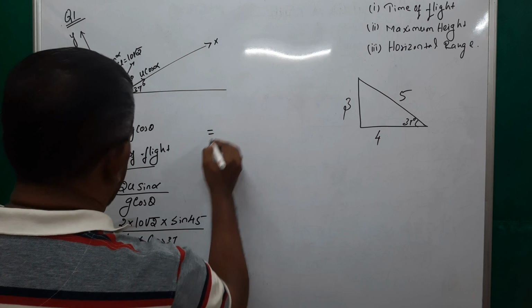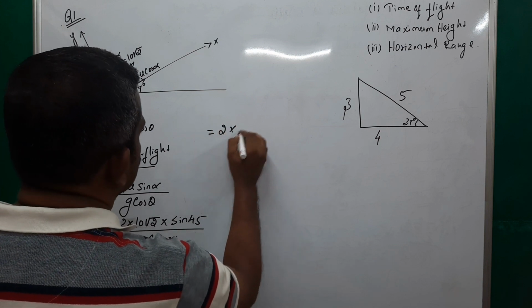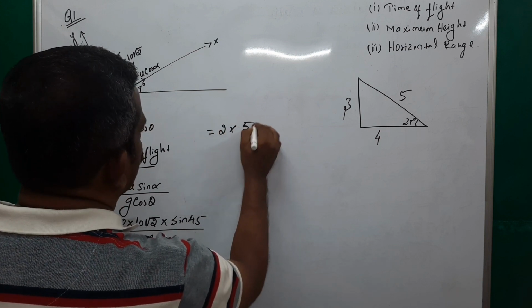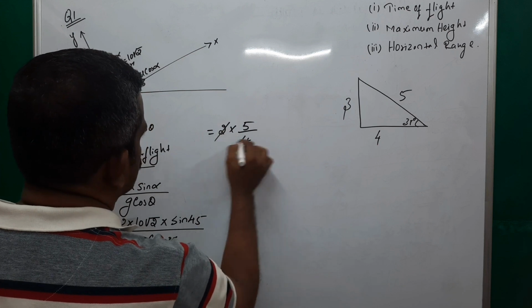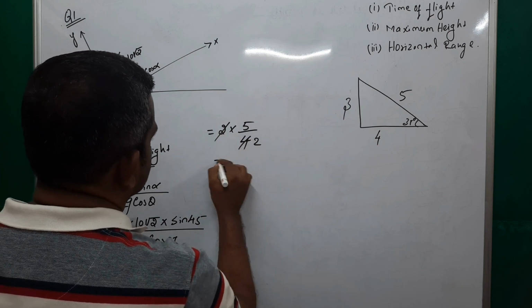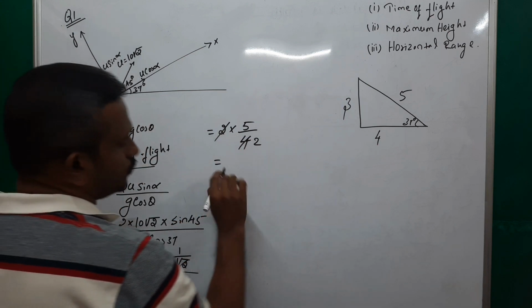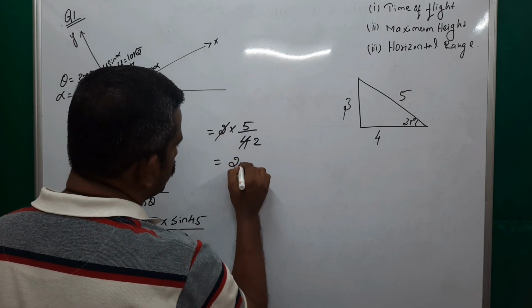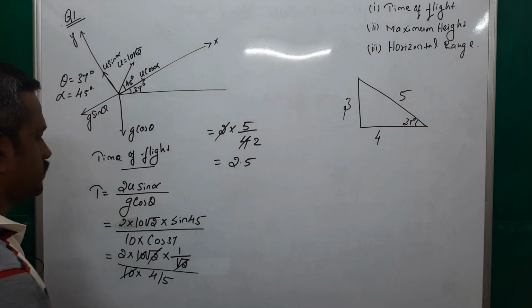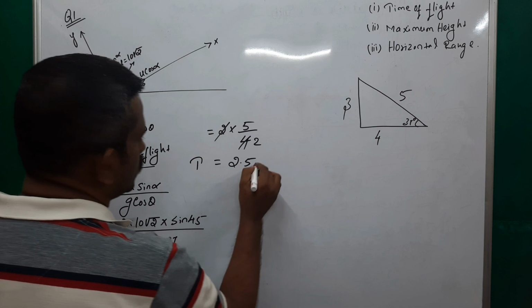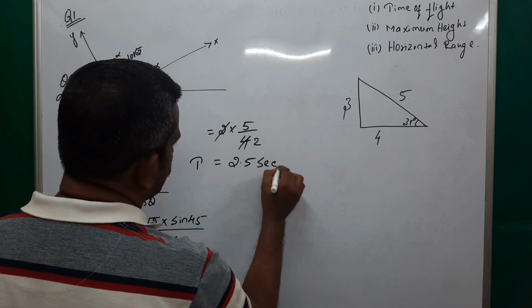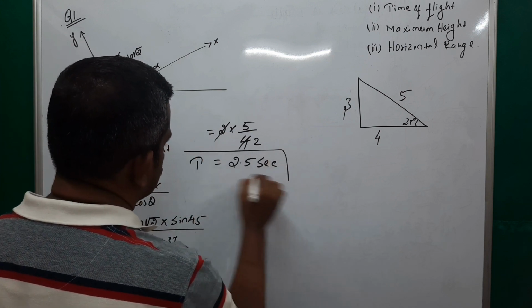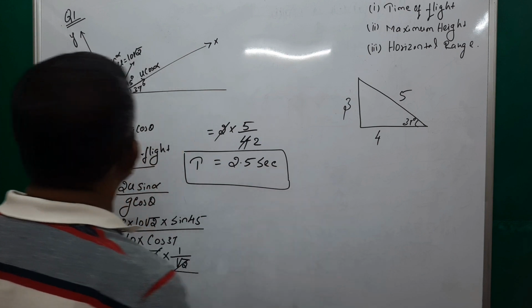That's equal to 2 into 5 by 4. So 2 gets cancelled, and that's equal to 5 divided by 2, that is 2.5. This is the time of flight, T is equal to 2.5 seconds. So direct substitution.